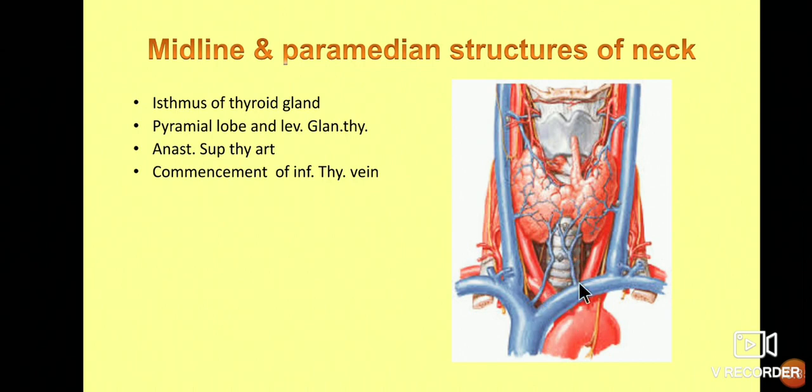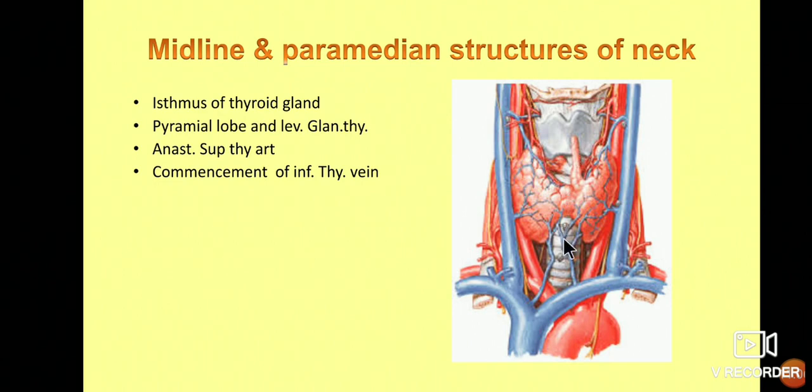In the lower part, especially in infants, you can see the thymus gland, which is a primary lymphoid tissue that produces T lymphocytes. Then it is replaced by fibrous tissue as they grow up. Even in children, the great vessels, the arch of aorta or the brachiocephalic vein, are also present in the lower part of the neck.